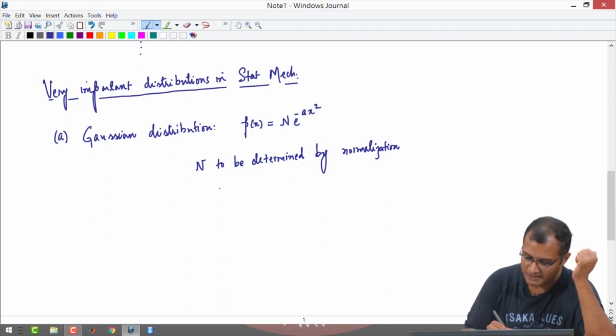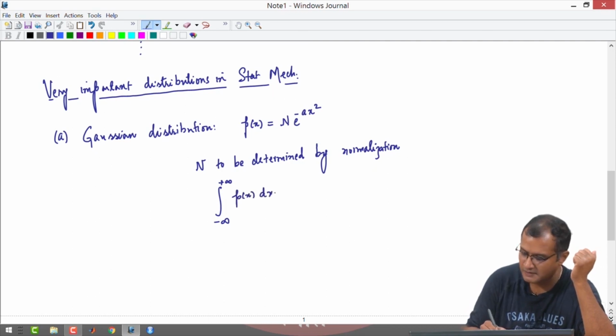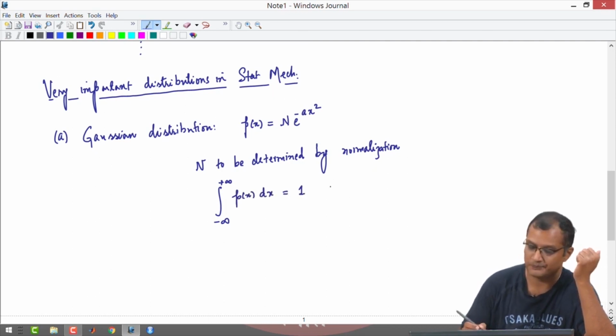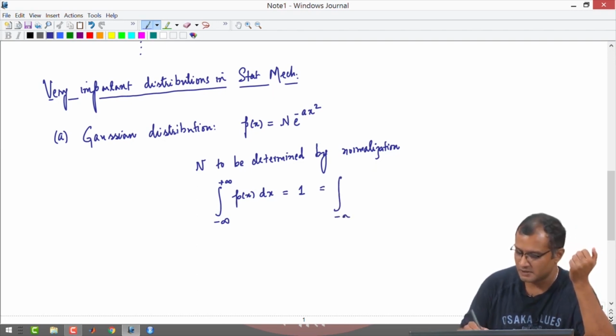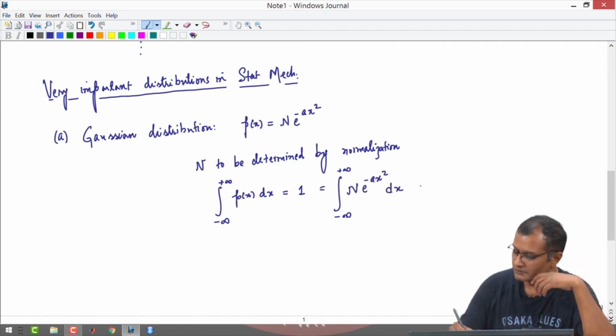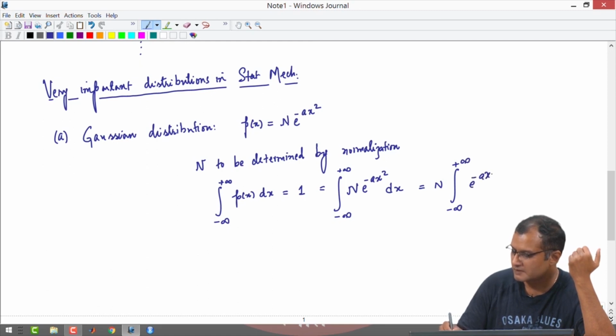So, our normalization condition is that the integral of p of x dx should be equal to unity. The left hand side is nothing but the integral of n e raised to minus a x square dx. So, I can take n outside and this becomes simply the integration of e raised to minus a x square dx.